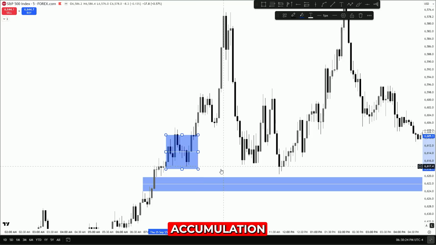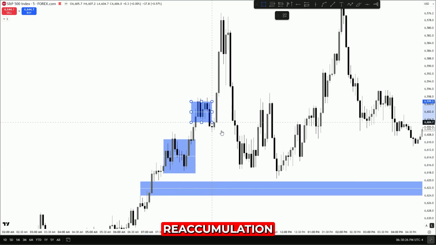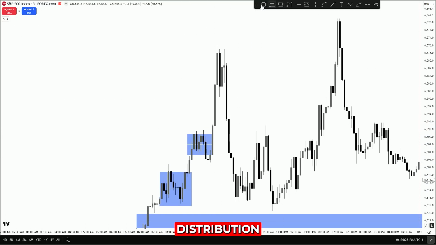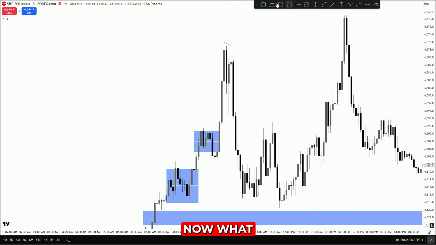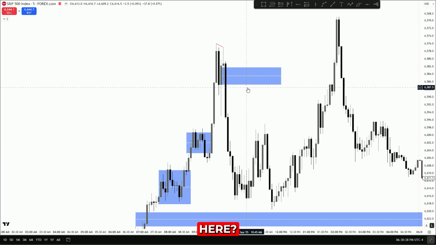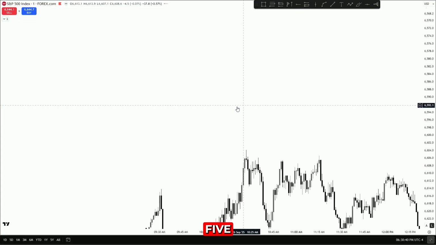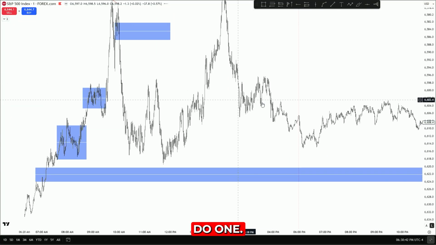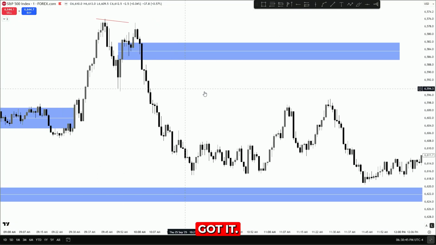This is your accumulation, distribution, reaccumulation, distribution, and this is where your smart money reversal happens. Now, here you got the displacement, or you can say the CISD. This is the 5-minute time frame. You're gonna move toward the 1 minute so that we can identify some good trade.